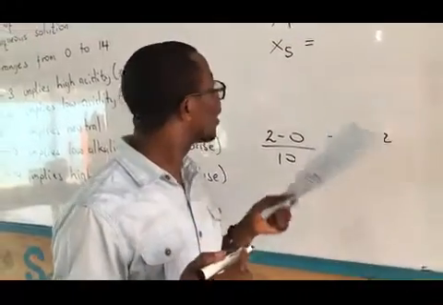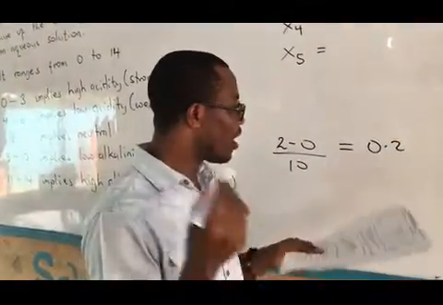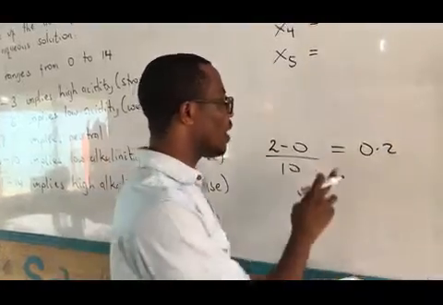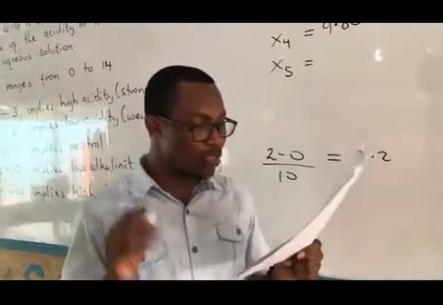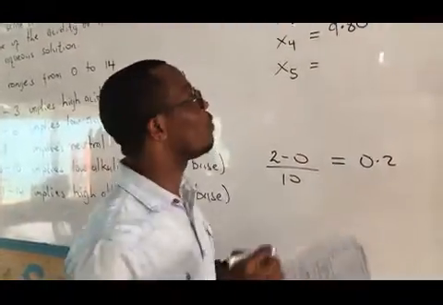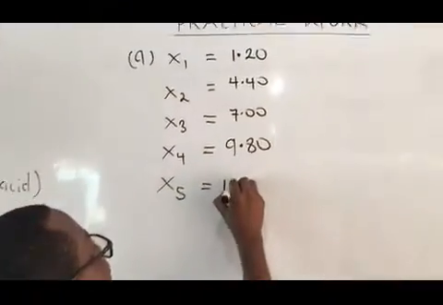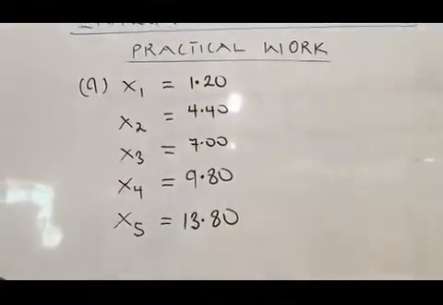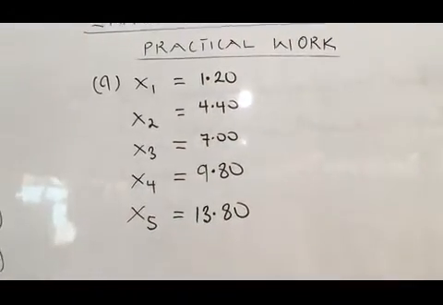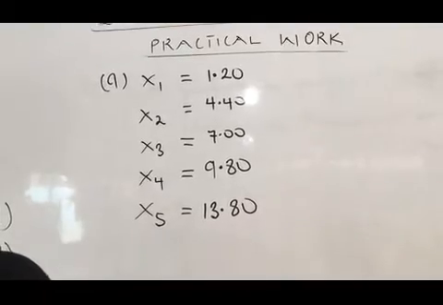So just like the x4, 9 divisions after 12. So you multiply the 9 by 0.2, that is 1.8. You add it to the 12, that gives you 13.8. So these are the pH values as indicated in the diagram.